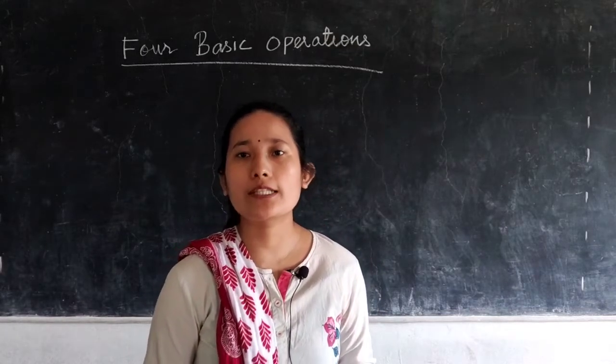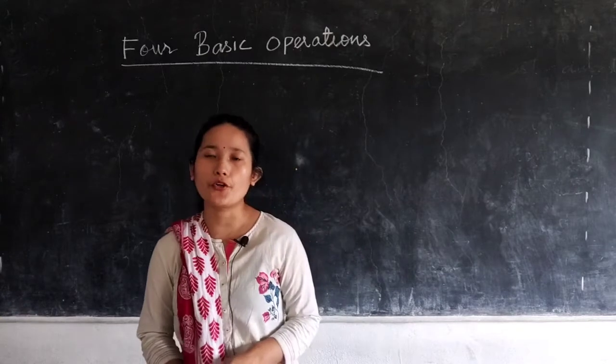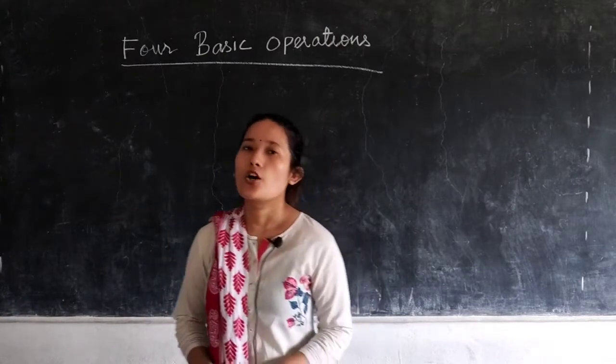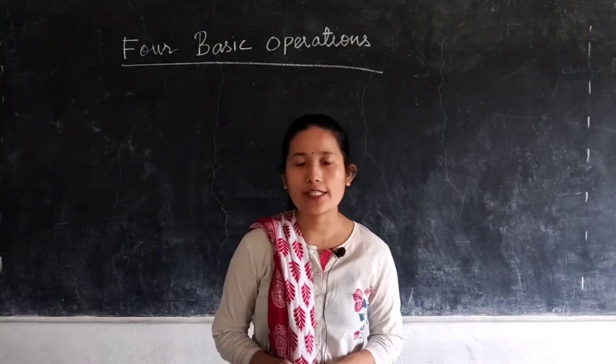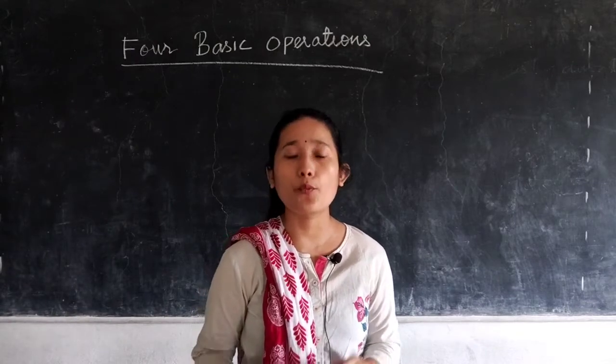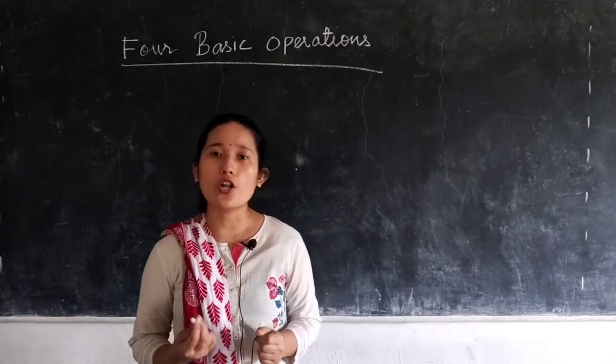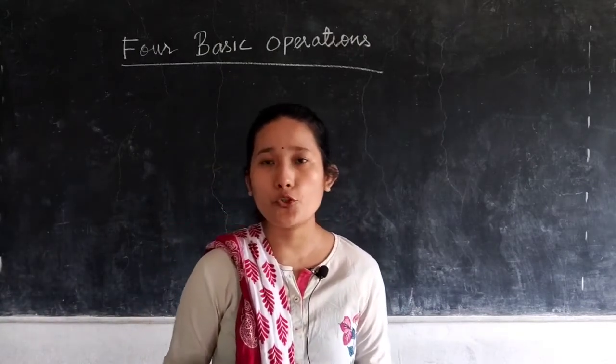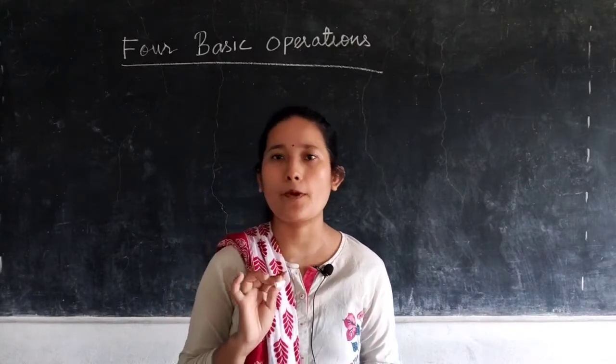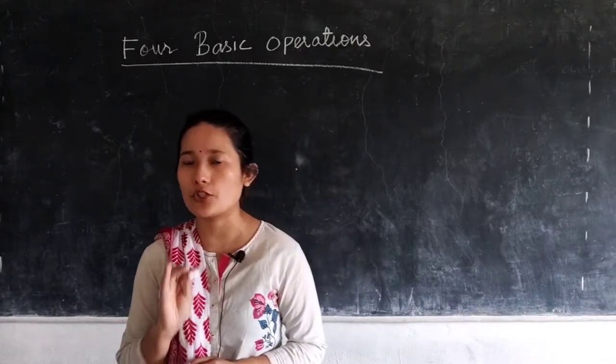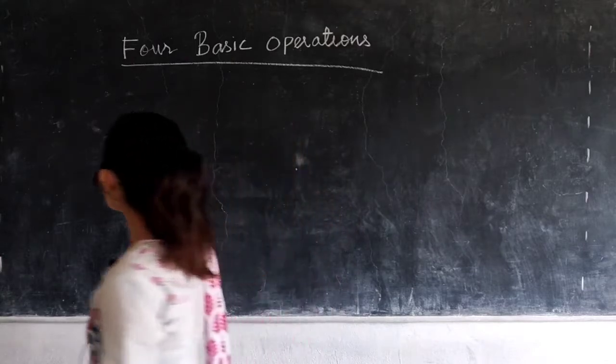So today we will start the next chapter from your maths book, that is chapter 2, four basic operations. Okay, now in order to solve any mathematical problem, you require these four basic operations. You need to have an idea about these four basic operations. So what are those?